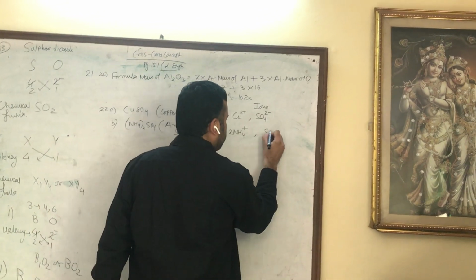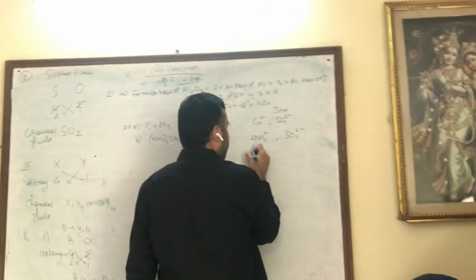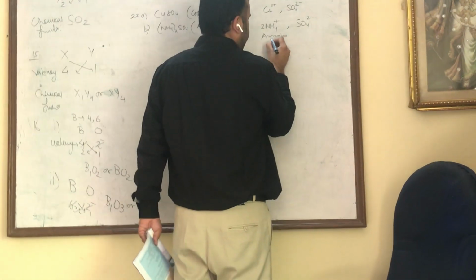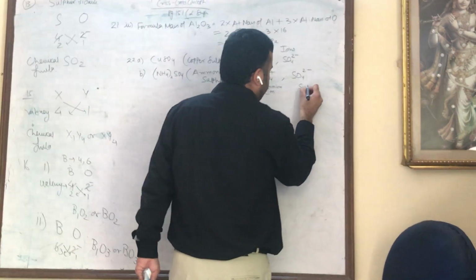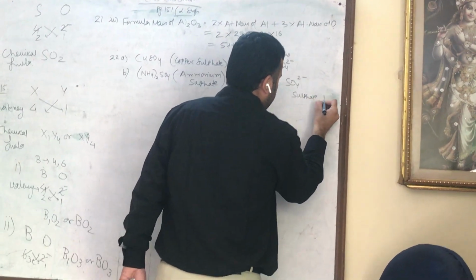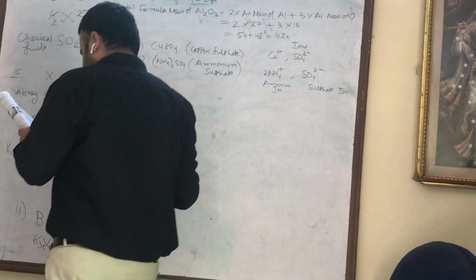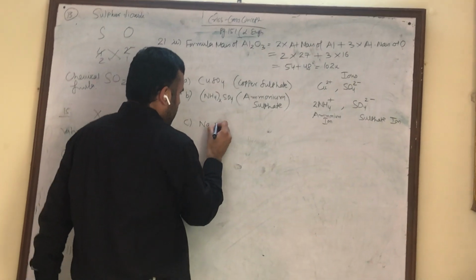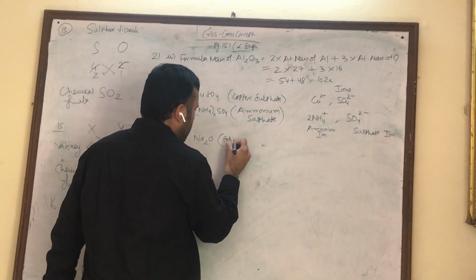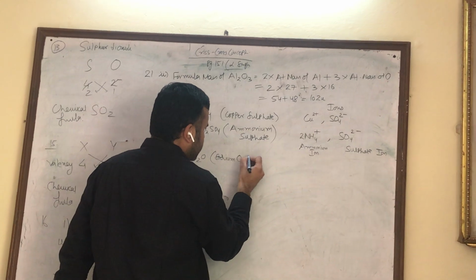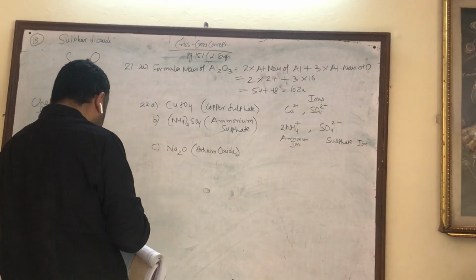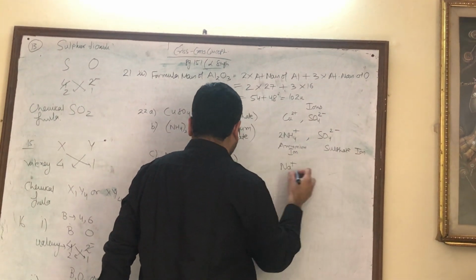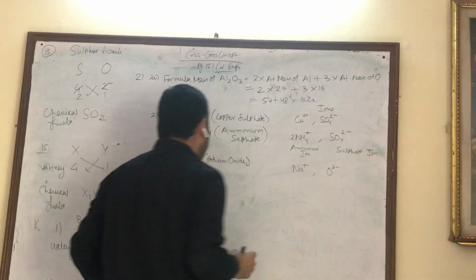And SO4, that is ammonium ion, my dear students, and this is the sulfate ion present in it. Next, Na2O. Name of Na2O is sodium oxide. Na2O, sodium oxide. Na+ and O2- are there in it.